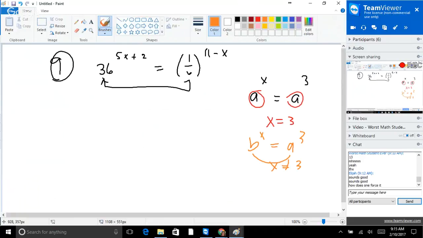That's the question: how does one force it, right? You have to look at it. What I notice immediately when I see this problem is that I know that 36 is 6 squared, and 1/6 is 6 to the -1 power.